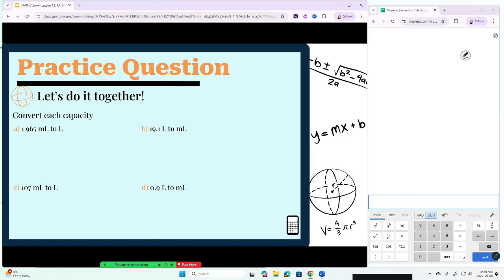So when we are going from milliliters to liters, we're going from small to big. When we go from small to big, just like in our other units of measurement, we are going to divide by 1,000. So we're moving our decimal place to the left. We're dividing.